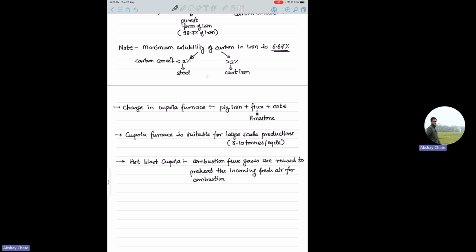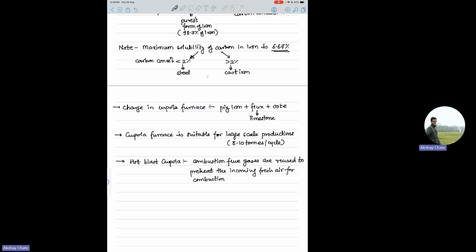You'll study those things mostly in power plant engineering, IC engines, or even in refrigeration, where you can have reheating. Typically you have temperatures in the range of 1800 or so degrees Celsius in a cupola.